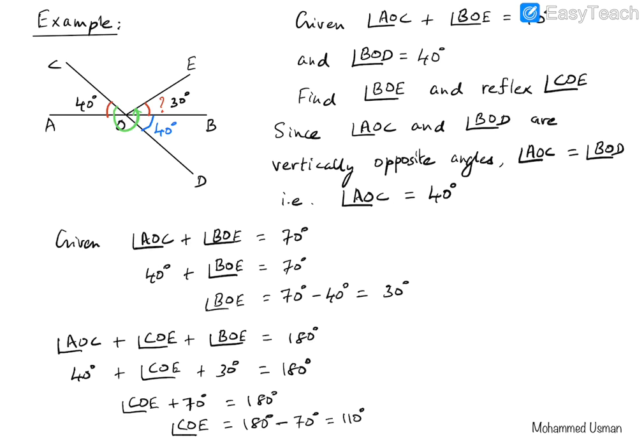Now you should remember this is the inside angle COE, not the reflex angle. So let me mark that. So what we have found is this angle COE, which is 110 degrees. So to find the reflex angle, which is shown in the green arrow, which is the outside angle on COE, we have to subtract the angle COE from 360 degrees.